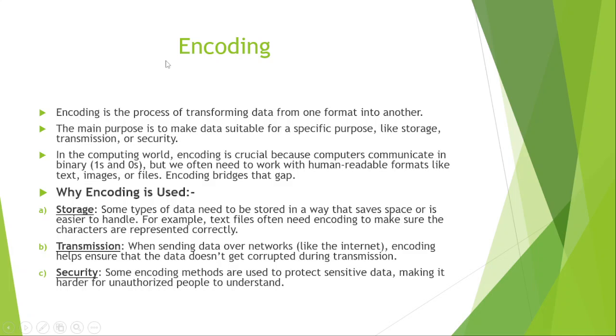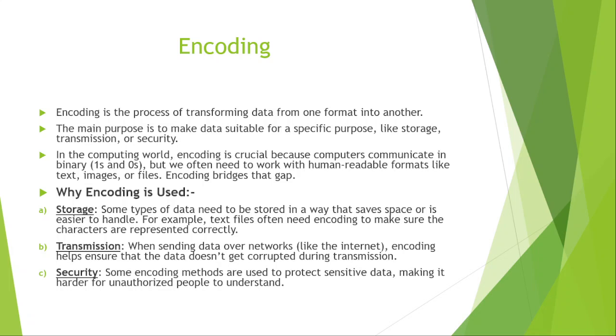When talking about encoding, encoding is the process of transforming data from one format to another format. Suppose I want to transform an XML message into binary data, or a picture.